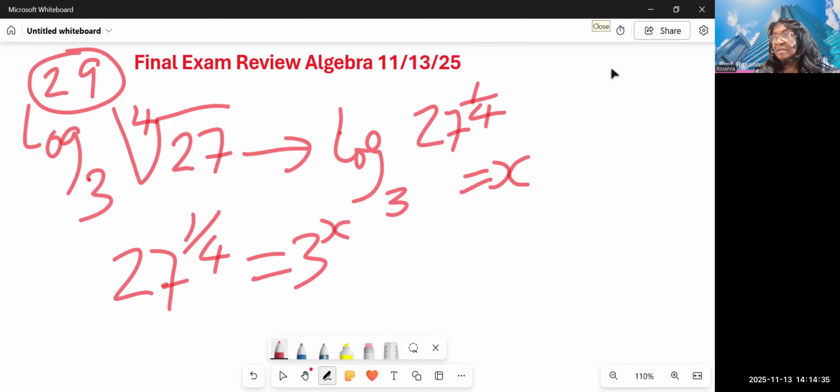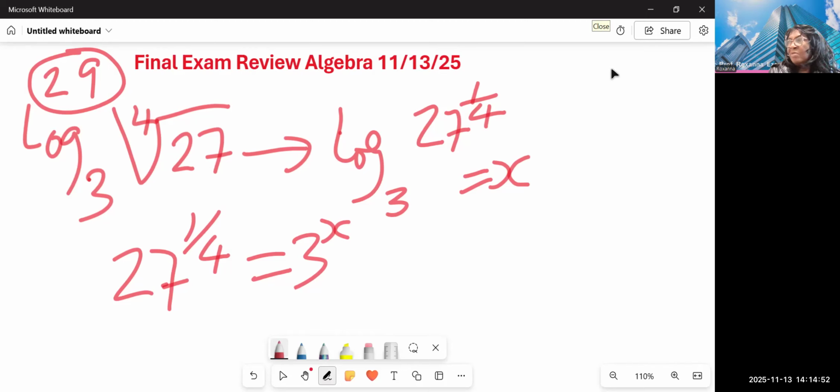This is clear, right? Is it clear? Okay. Now I want to see if I can change both the left-hand side and right-hand side. I want to see if I can rewrite them in such a way that they have the same base. You think so?